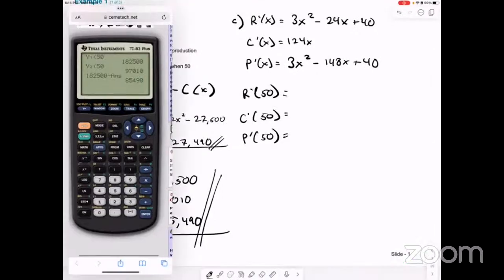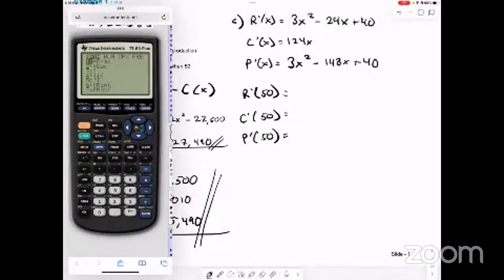Now I think we can. Let me see if I can remember how to do this. I think this will calculate the derivative on the calculator. Let me see. If I go to math? No, let's try stat, calculate. No, it's not that one. Stat, variables, distribution, draw. Where is it? Not that.